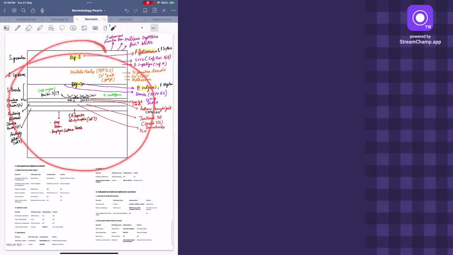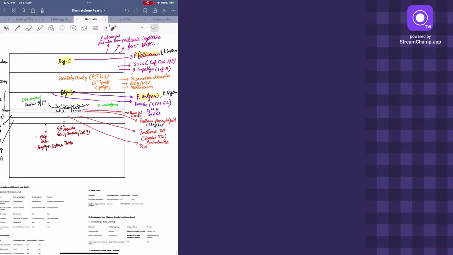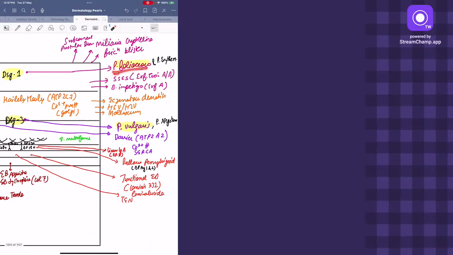So now in the whole layer of epidermis and dermis, how are the diseases organized? Either they can be at the dermoepidermal junction or they can be epidermal. So it will be a suprabasal split or a basal split. If there is a suprabasal split, there can be a defect in desmoglein 1, which is known as pemphigus foliaceus or pemphigus erythematosus.